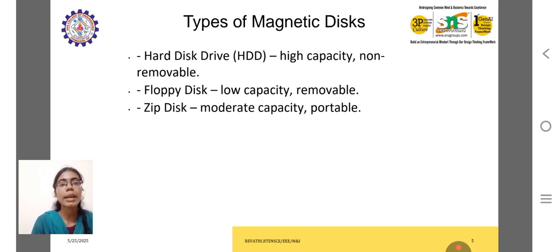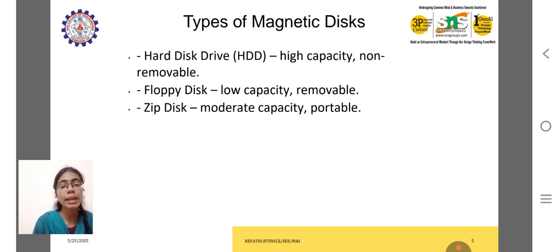So what are all the types of magnetic disks? Hard disk drives: high capacity, non-removable. Once a hard disk is installed, it is permanently installed and not removable. Nowadays we are using SSDs, which are solid state drives, removable and reaccessible. Floppy disks are low capacity compared to hard disk drives.